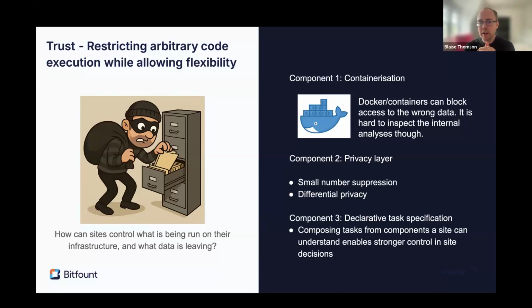So a classic one is something like small number suppression, where you ensure that any data that's leaving the premises is always aggregated to a certain level. For example, you always have to have at least 5 patients in any aggregated statistic. So that's one approach you can take.